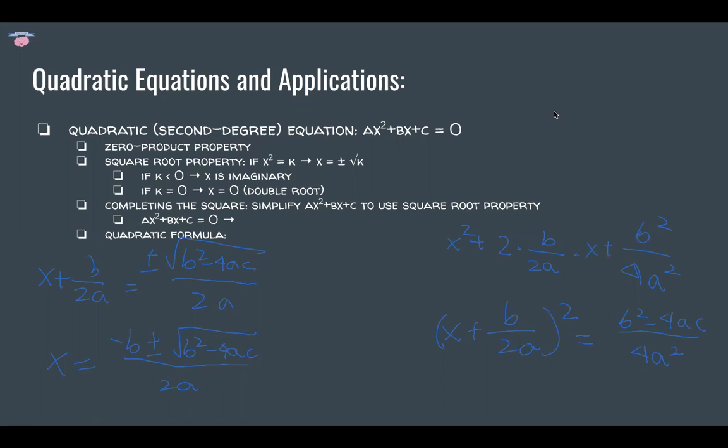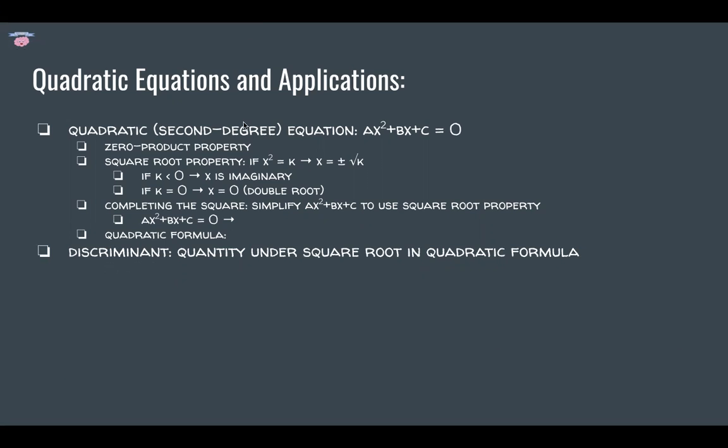Anyway, the discriminant of a quadratic equation is the quantity under the square root. So let me bring back this and erase everything else, because all we need is the quadratic formula for now. So the quantity under the square root is b squared minus 4ac.